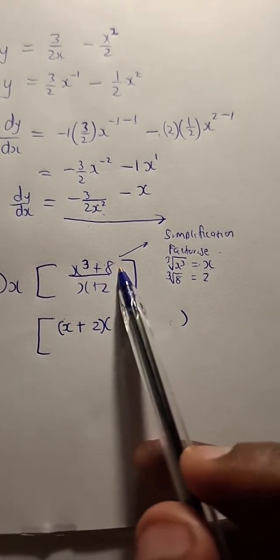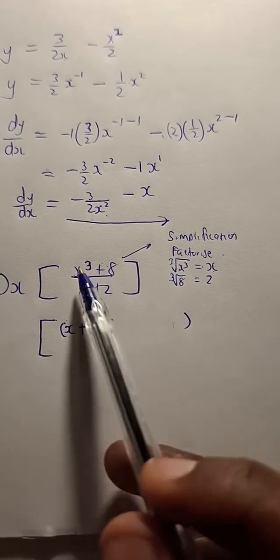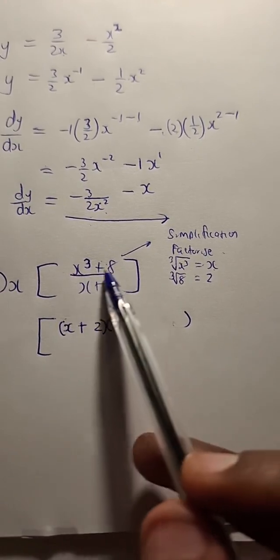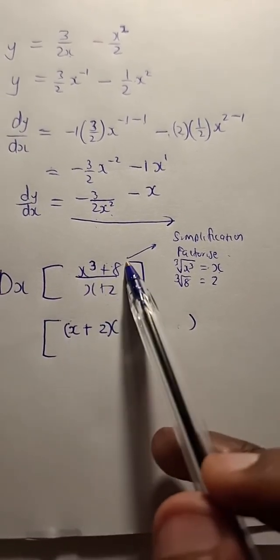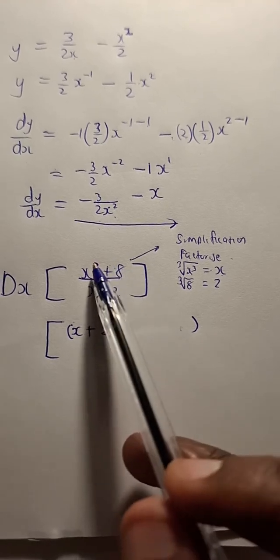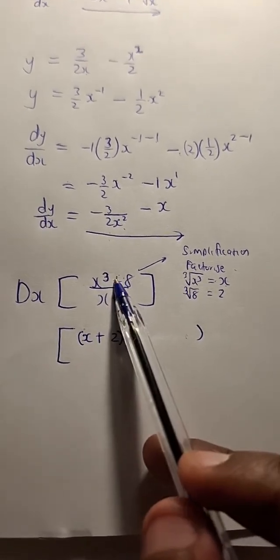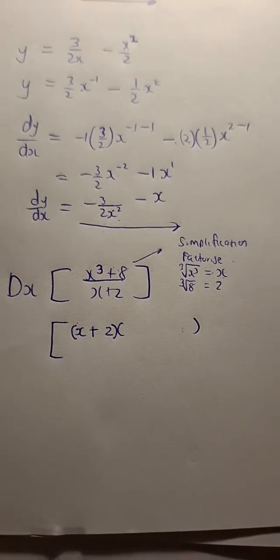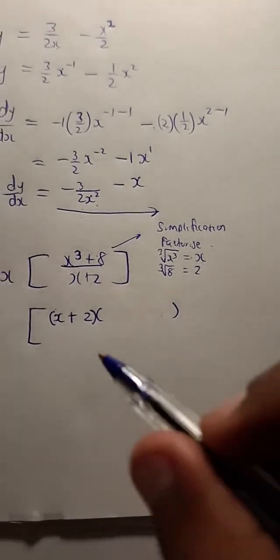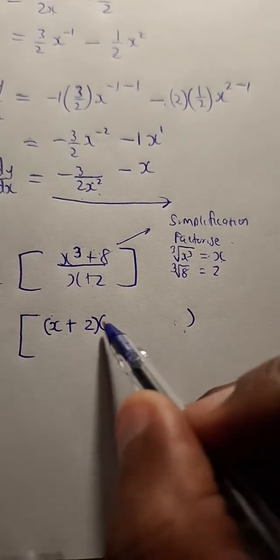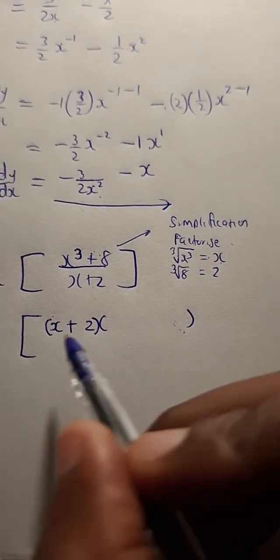And the fact that you can get the cube root of x cubed and the cube root of 8 means indeed this is a factorizable expression, because it is cubic factorization for sum of cubes. Very important.